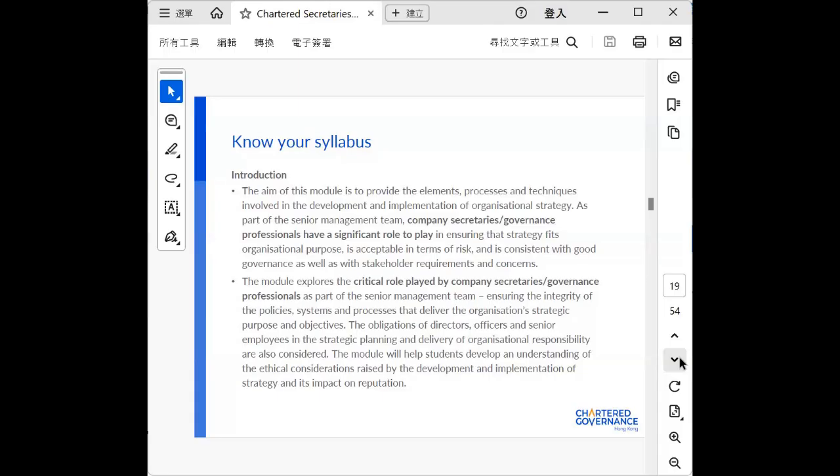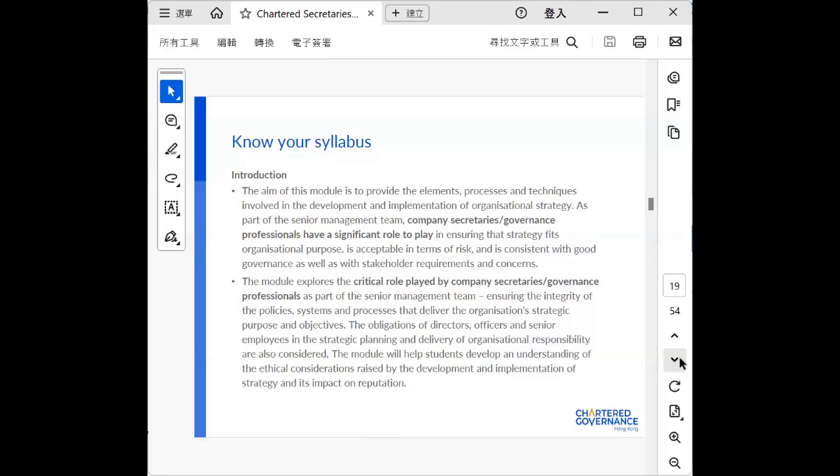So, in other words, you are asked to consider yourself as a company secretary or governance professional, and you will be asked about cases and scenarios about the role that you will be playing to develop the strategy of the company or to implement the strategy of the company so that the strategy fits the company's purpose. So that is why sometimes you see cases in the questions. You are asked to assume the position of a company secretary.